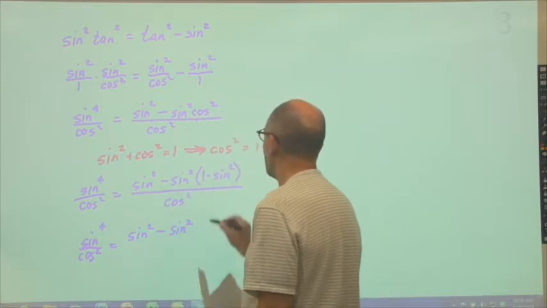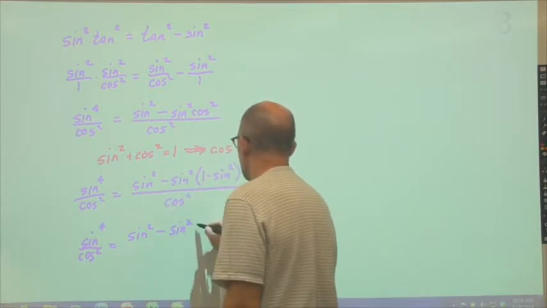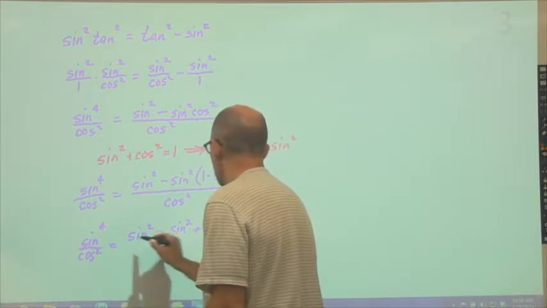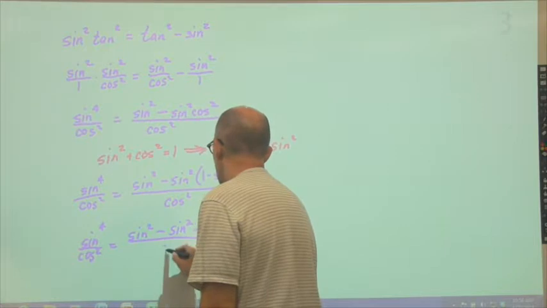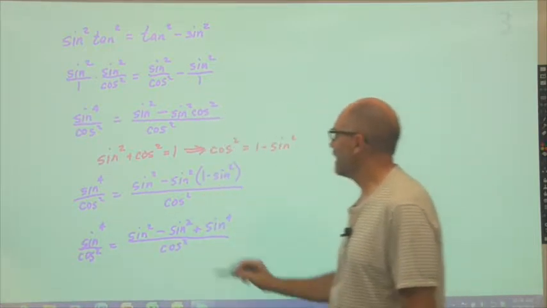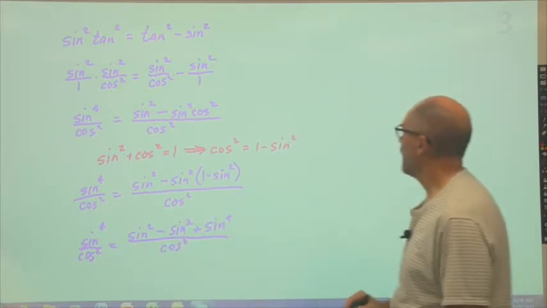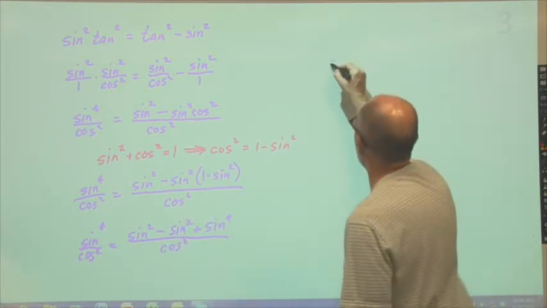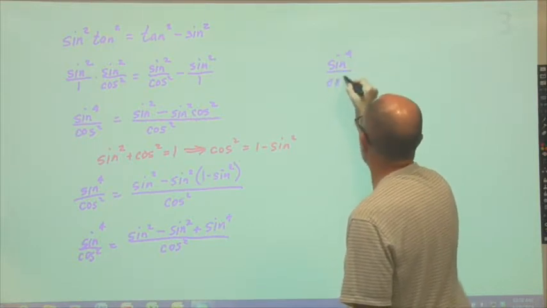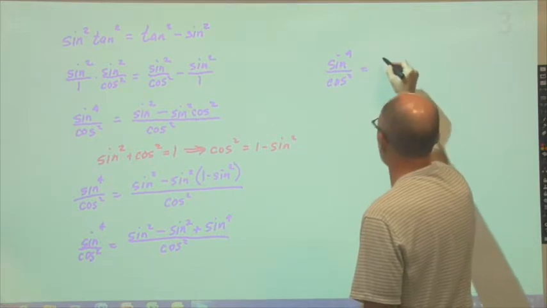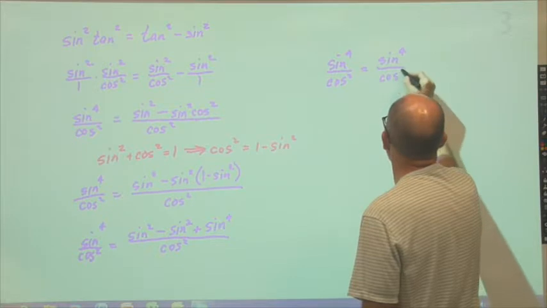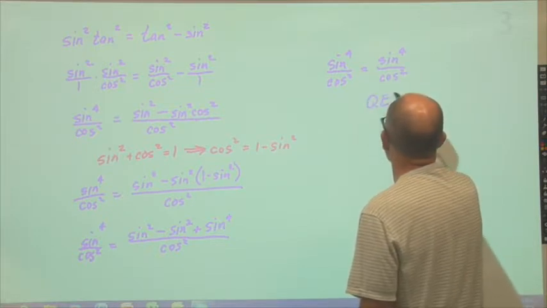Now minus a minus sine squared times sine squared, which is a plus sine to the fourth, all over cosine squared. Okay, so you can see now sine squared minus sine squared cancels, and I'm left with sine to the fourth over cosine squared equals sine to the fourth over cosine squared. That's it, QED.